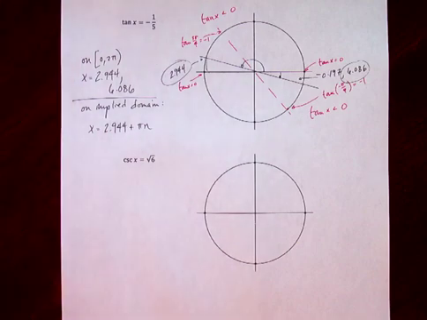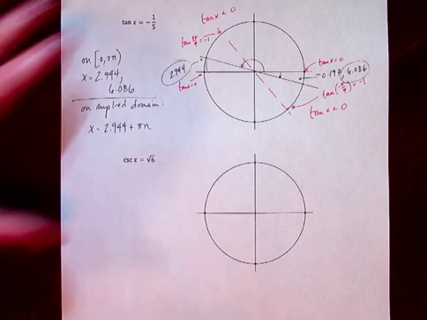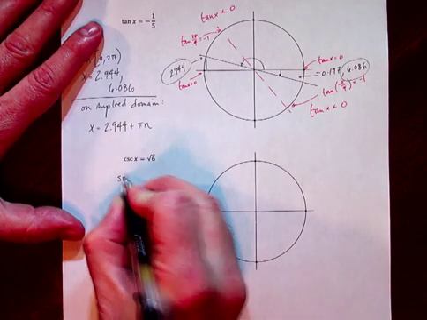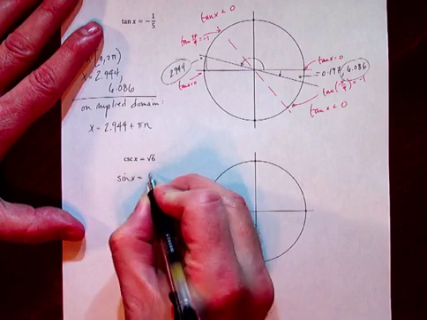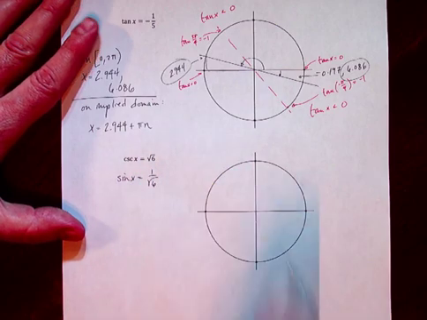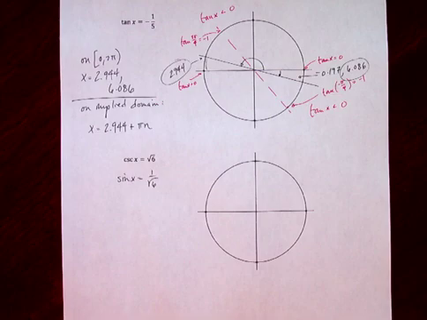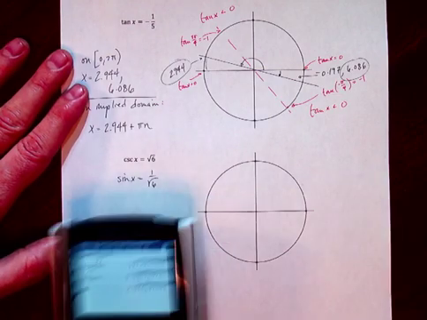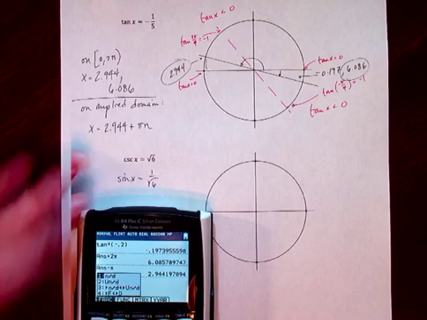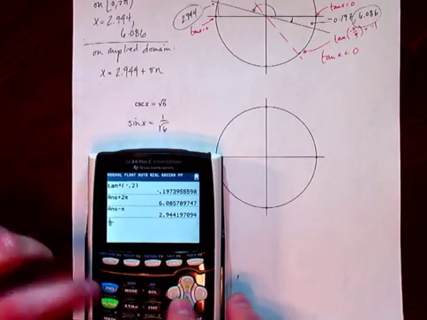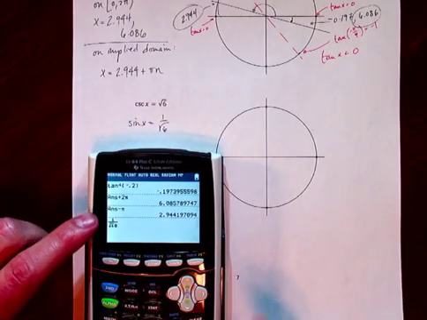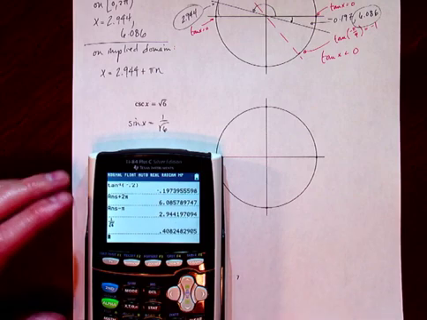Okay, last one of these. Let's go ahead and do cosecant of root 6. Now, some of you are thinking, I'm not going to do that. I'm going to go ahead and flip that bad boy to 1 over root 6. And that is fantastic, and that is exactly what you're supposed to do. Let's go ahead and find out what that is in terms of an estimate. 1 over root 6, and you get 0.4, roughly.